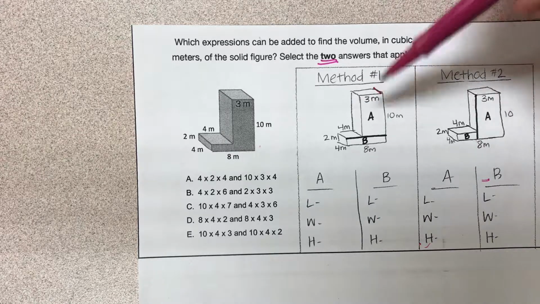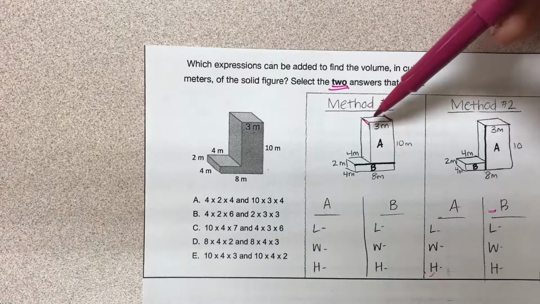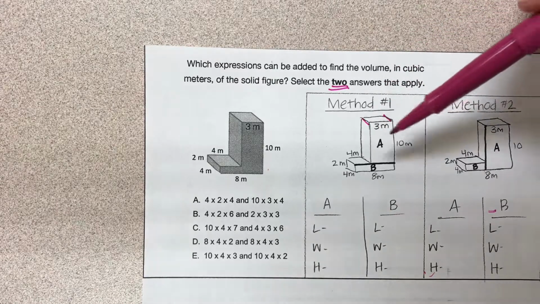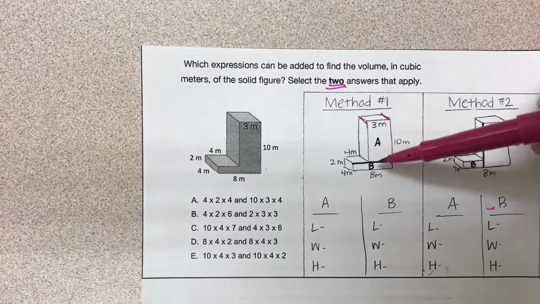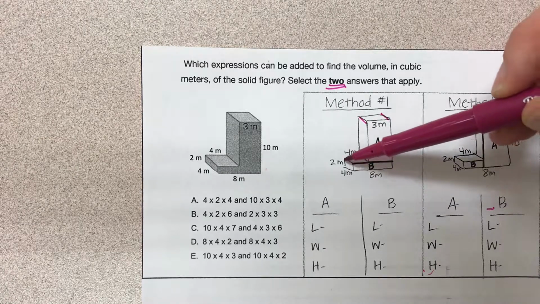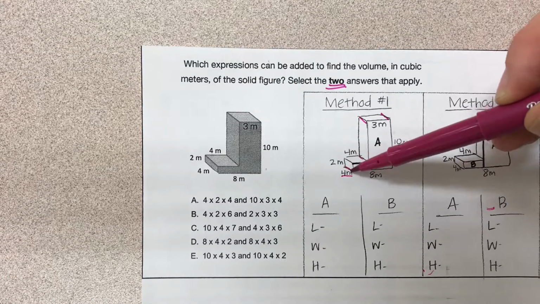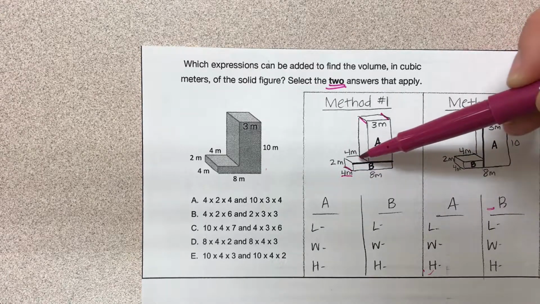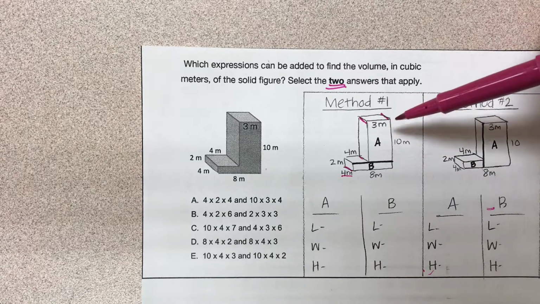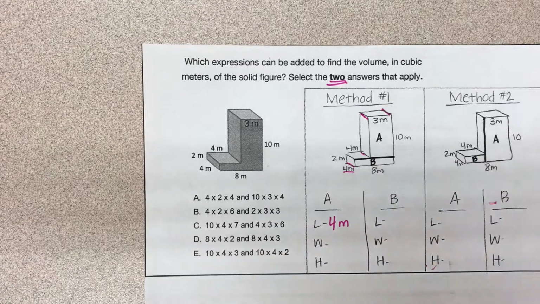There's no length marked on either one of these 2 corners of the figures, so I'm going to look at the other parts of the figure now. There's nothing marked here. There's nothing marked here, but it is marked down here that it is 4 meters. So if this is 4 meters, that means this is as well, and this, and this, and this. So I can tell that my length is going to be 4 meters.